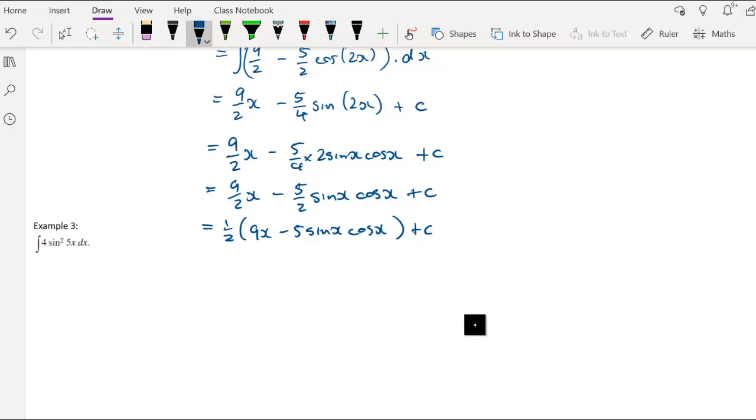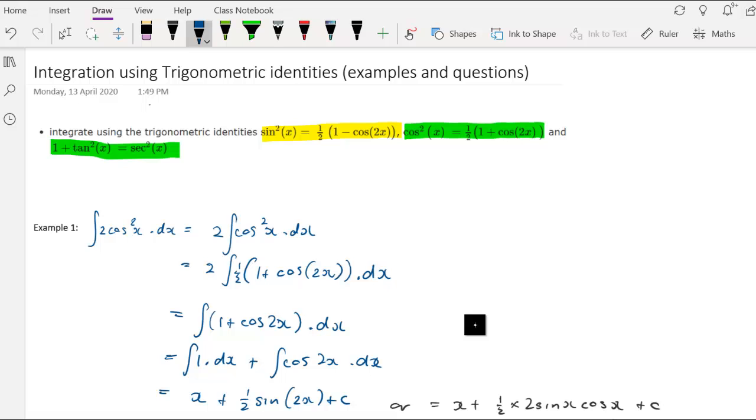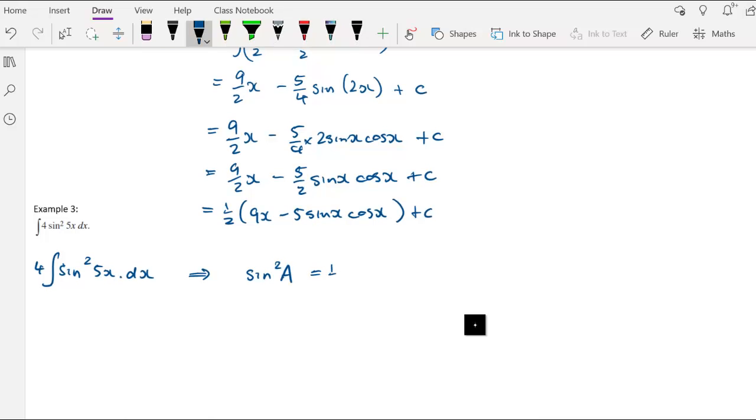Alright, in this next example, we're looking at the integral of 4 multiplied by sine squared 5x dx. Okay, so this one, we have to think a little bit more. Now we're not going to use x in our definition of the rule. We're going to say that sine squared a is equal to, now let's go back up to our rule, it's 1 half, 1 take cos 2a in this case.